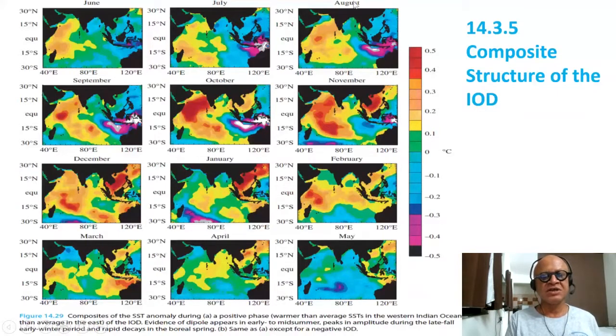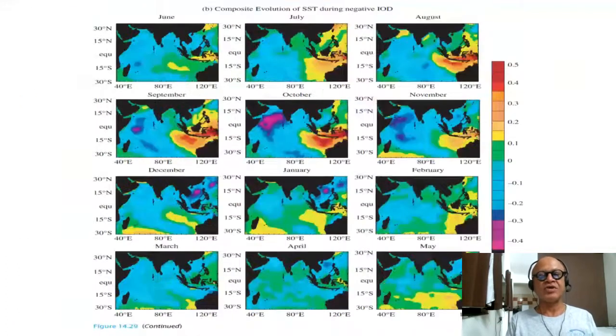These are just shown as composites, but honestly most of the action happens here in these months, and there is some evidence that the process may be initiated by air-sea interactions on this side related to the precipitation variability on this side, which itself could be related to this West Pacific maritime continent convection complex, which is often referred to as the boiler box, which has huge amounts of rain.